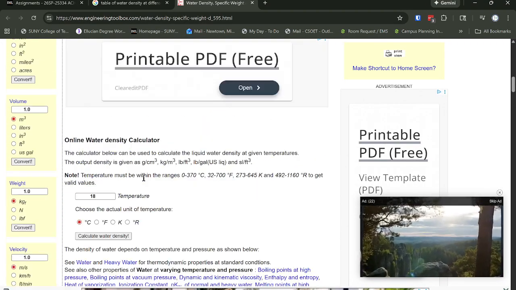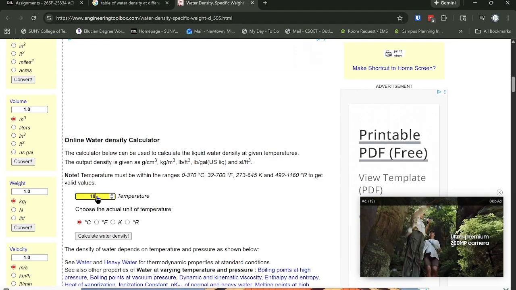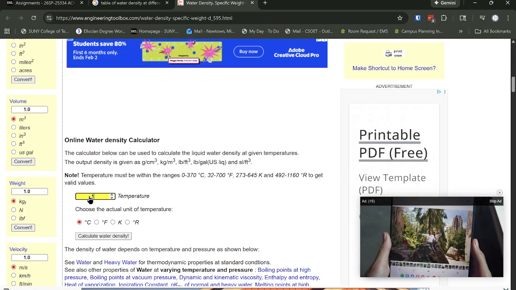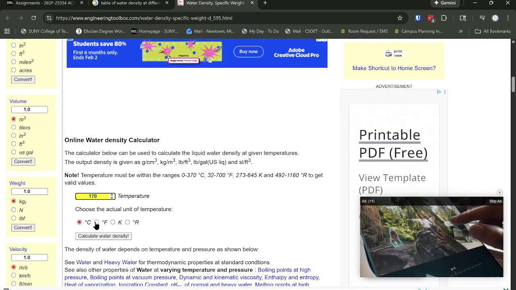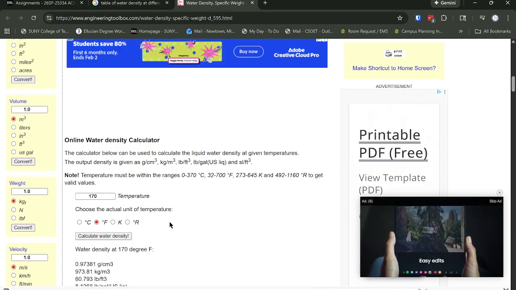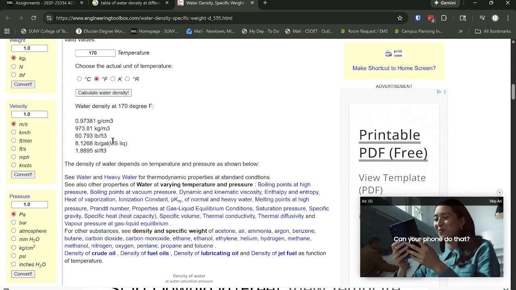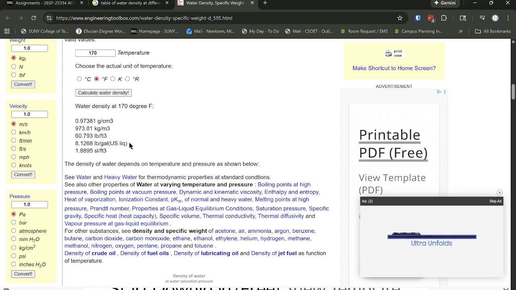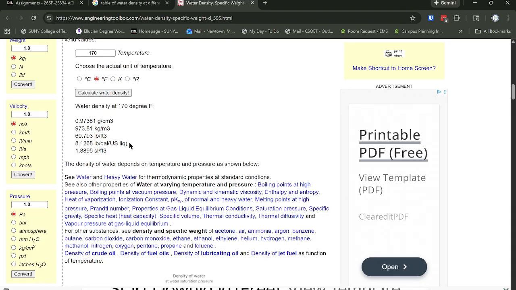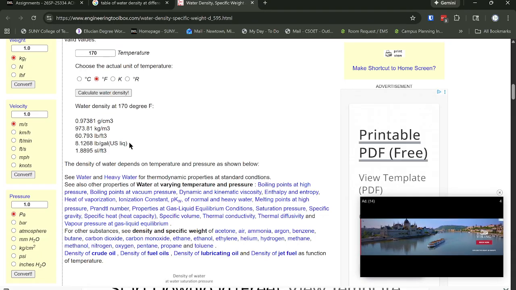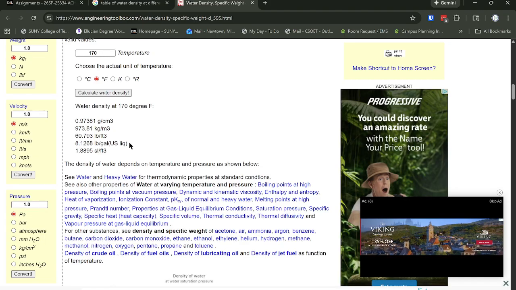But it's this piece right here. If we want 170 degree water, I tell it Fahrenheit, calculate, and it gives me every known number related to that and every unit it could come out in. What you're looking for is 60.793 pounds per cubic feet, and bing bang, you're done. So why use that lovely equation when you can just find this little bit? That makes sense?